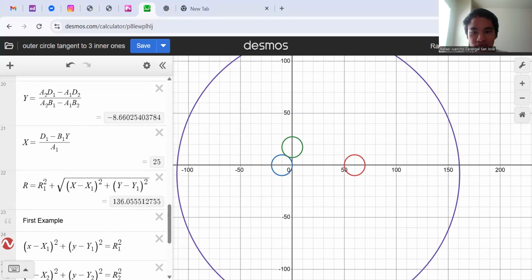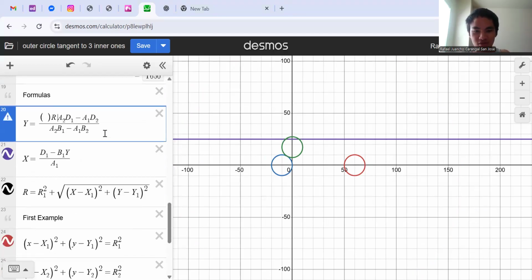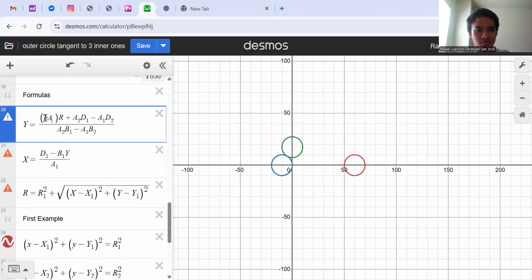I messed up. I should have added these. Wait, but I did try adding. I took out the ones with the R because I'm trying to assume here that if I put something with R, it's not going to work. But when we do compute it by hand, it does work.